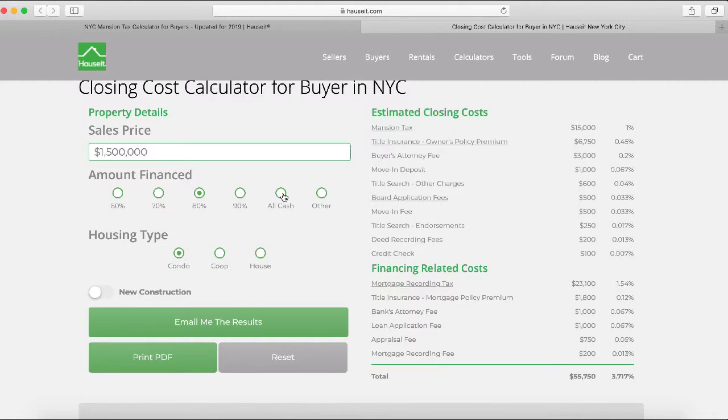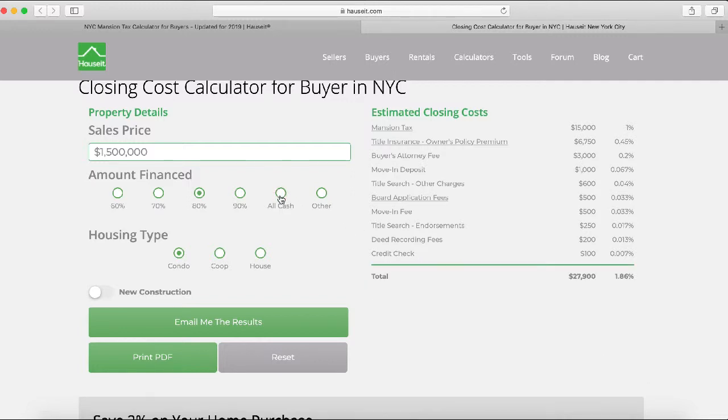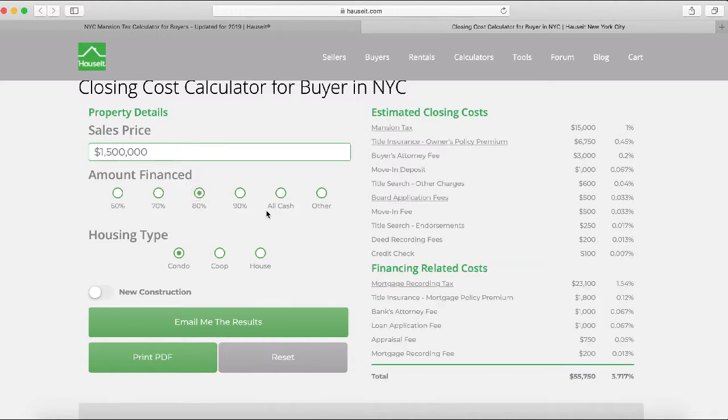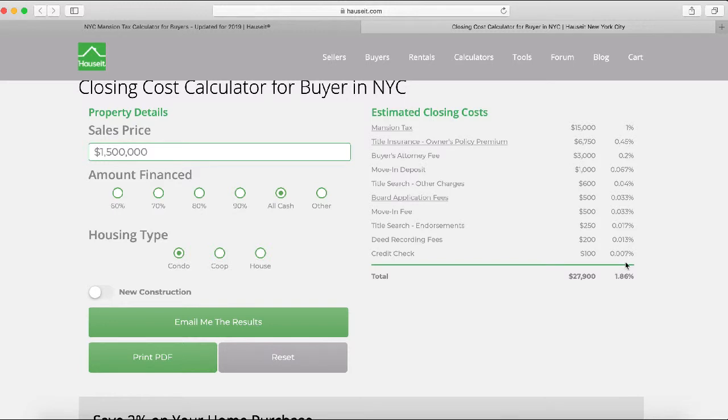Now, if you're not financing, your closing costs should go down because there is no mortgage recording tax. So if we toggle this, you go down from 3.7% to 1.8% on average.